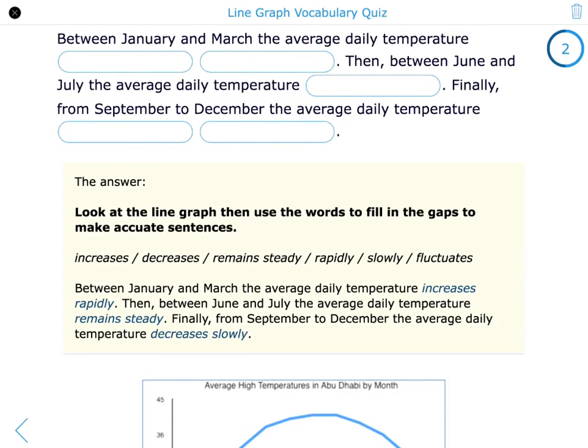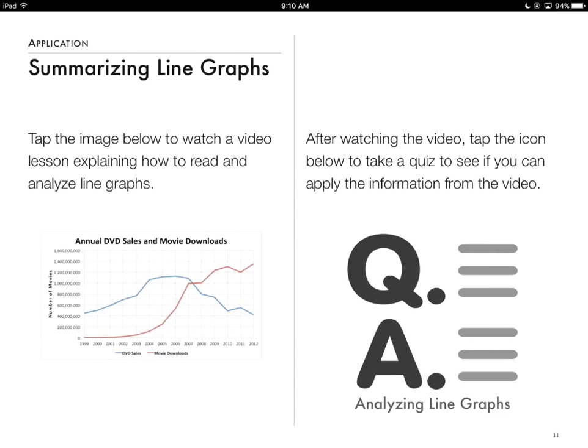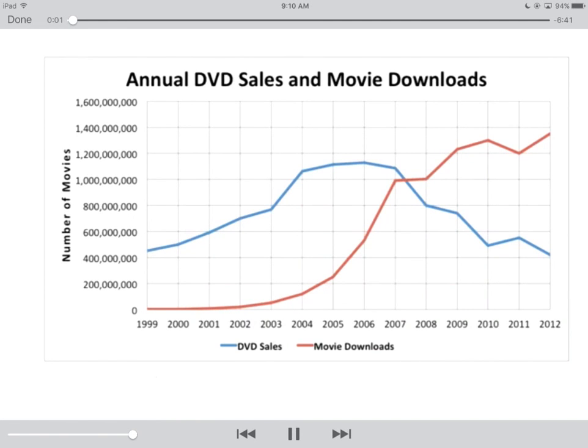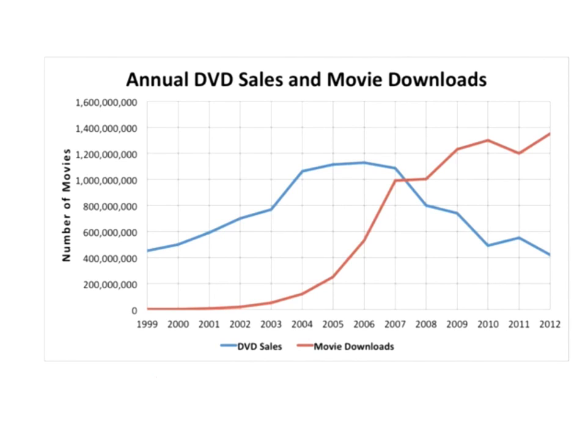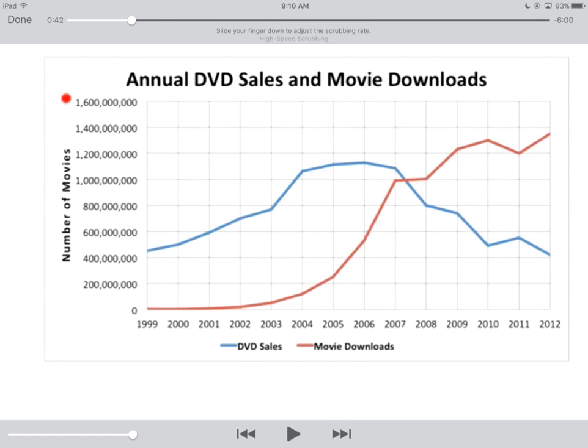And moving on, there's a video lesson of me describing how to analyze a line graph. So I used the tool that allowed me to annotate a line graph.